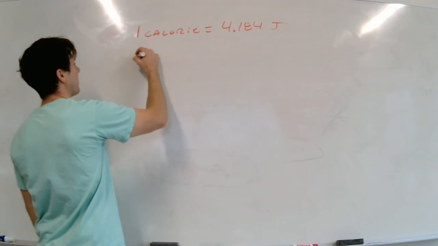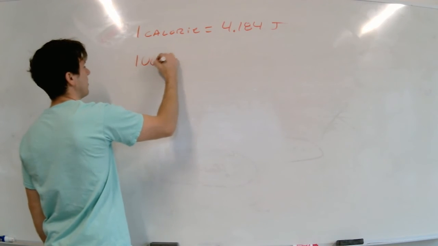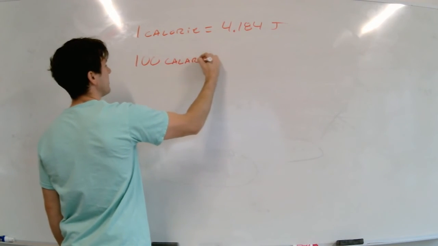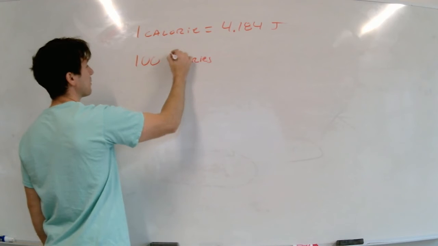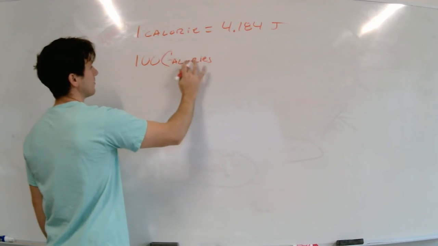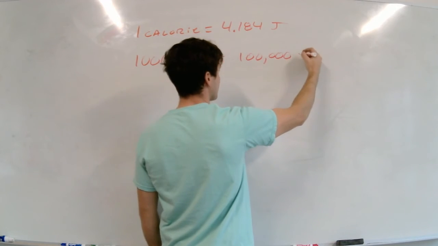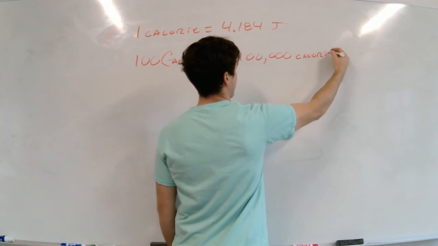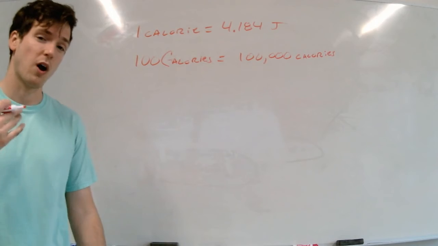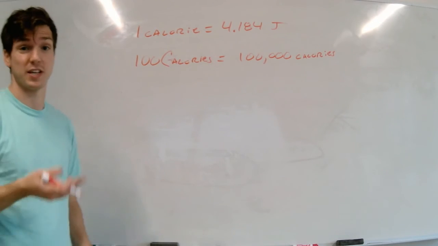So if you have a soda that says it's 100 calories, usually that's with a capital C. All right, that's actually 100,000 calories. Okay, so on your food everything's measured in kilocalories.